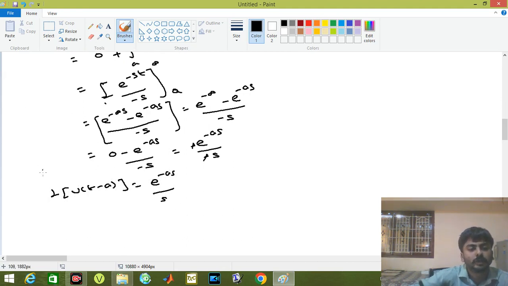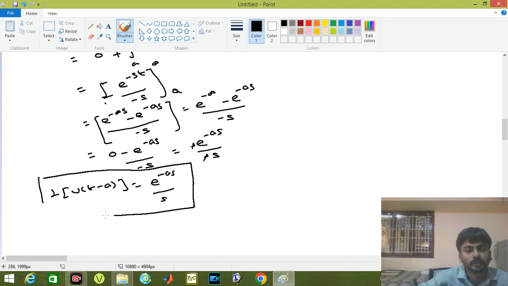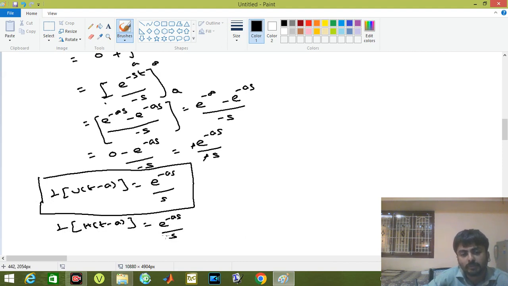This is your unit step function. Okay. If they have asked you to find L of h of t minus a, don't get confused. It is also the same, e power of minus as by s. This is also same.